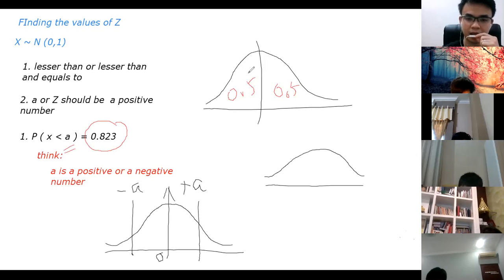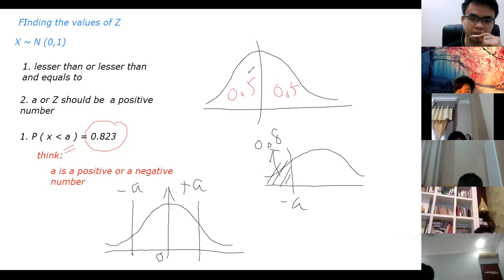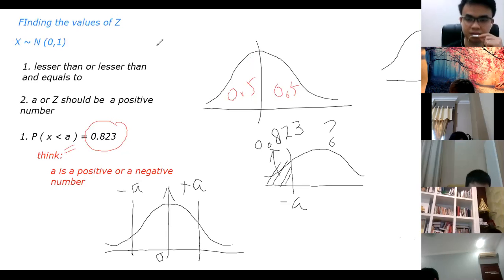If my a is a negative value, will the area less than a negative value reach 0.823? Of course, it will not reach 0.823. Why? Because when we take the entire negative part, the probability is at most 0.5. So if we expect the probability to be 0.823, it means our a should be in the positive part.